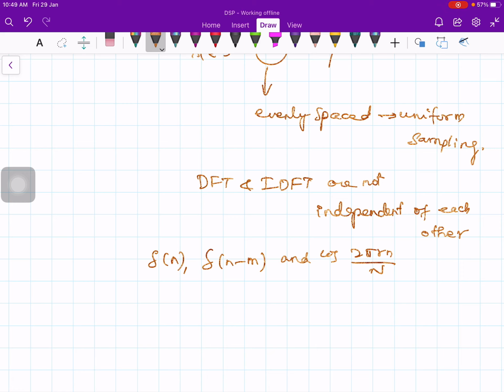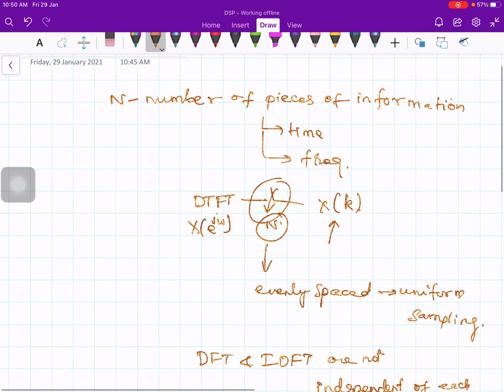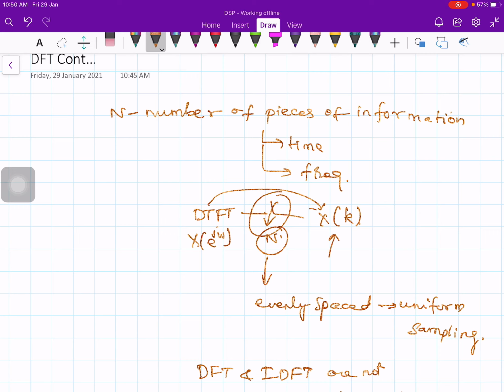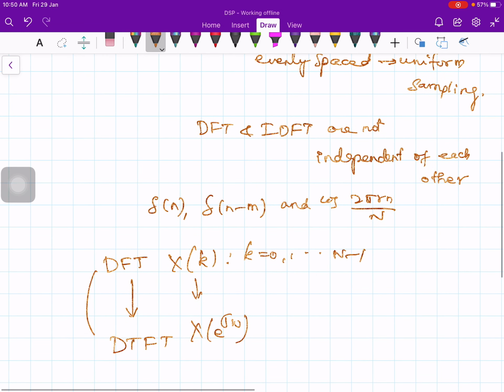Then we showed how, from the N samples in the frequency domain X of k, where k is equal to 0, 1 up to N minus 1, to find the total spectrum, the gross spectrum X of e to the j omega, that is, how to move from DFT to DTFT. We know how to move from DTFT to DFT through the process of sampling, but we need to know how to move from DFT to DTFT.